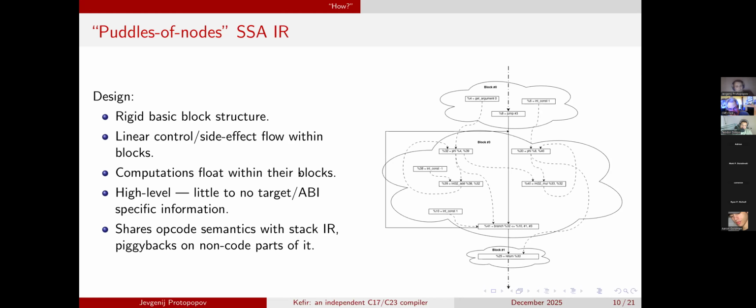What I do is preserve the control flow graph structure with basic blocks, but within each basic block, I relax everything besides control flow. I have control and side effects, which are a sequenced structure within the block, and everything else just flows within the block. So it's not a sea, it's a puddle, so to say.